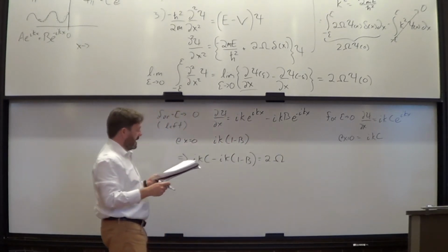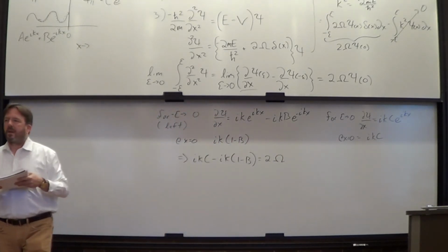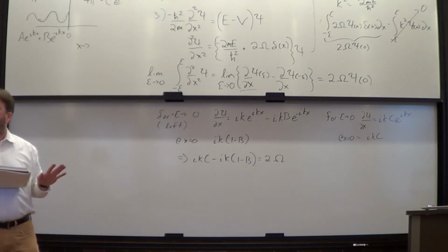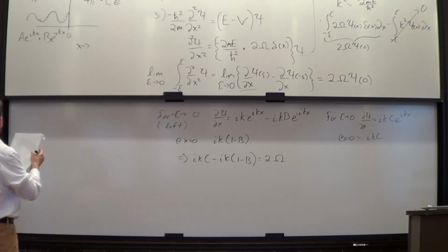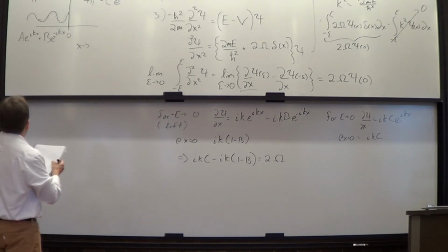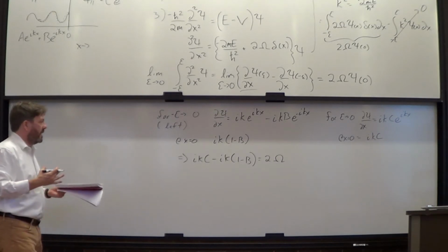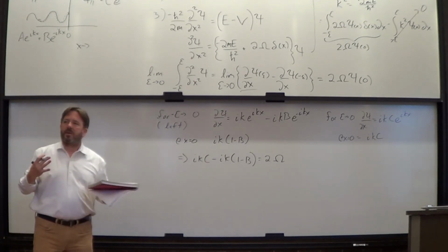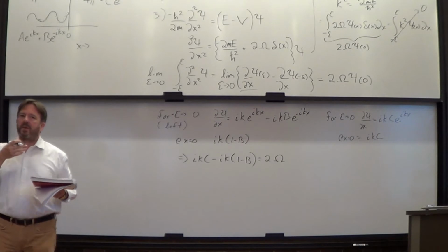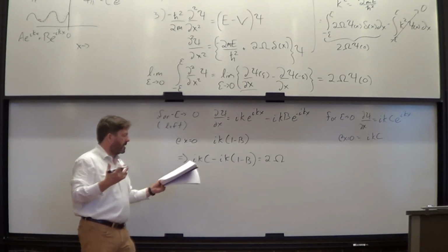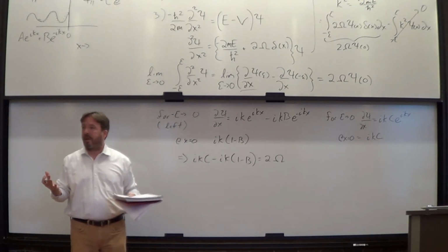The wave function at 0, we can choose which form we want, the left or the right-hand side. If we choose the left side, it is 1 plus b. If we choose the right side, it's c. I'm going to pick one to get to what I'm solving as fast as possible, which is solving for b.